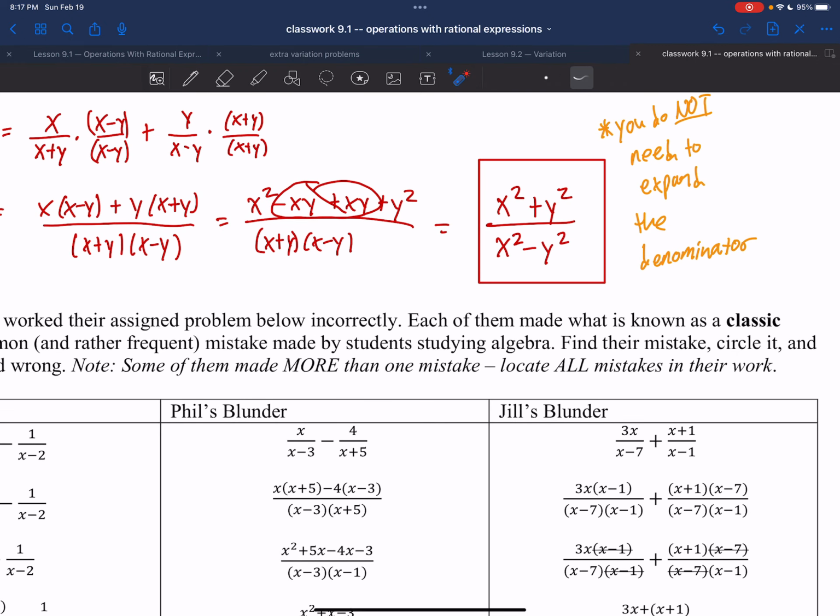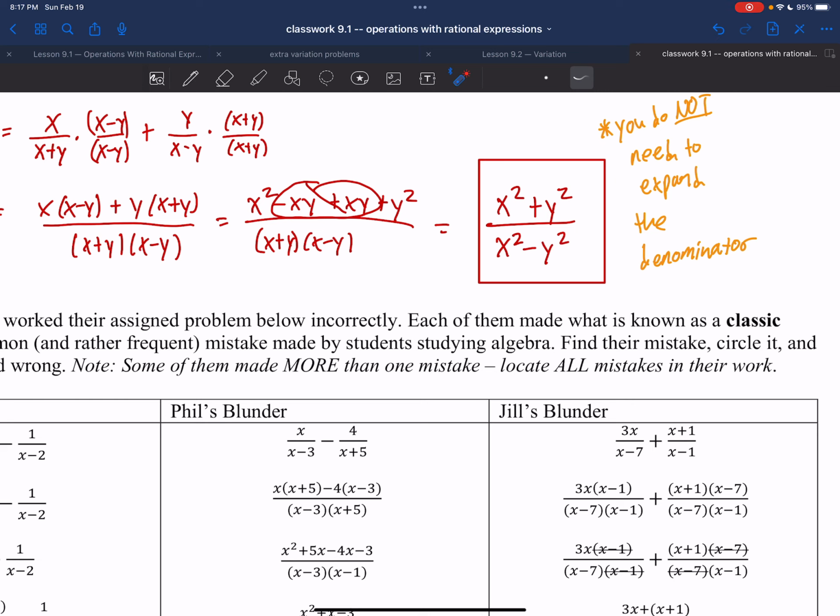By the way, you might be thinking, Mr. Spank, doesn't x squared cancel out with x squared? And so that is just y squared over negative y squared. Those cancel, and then I'm left with positive 1 over negative 1, so the answer is negative 1? No, wrong. Sorry, don't do that.